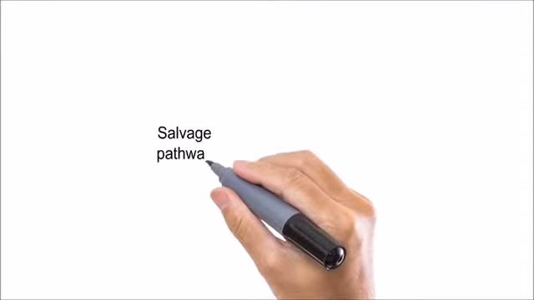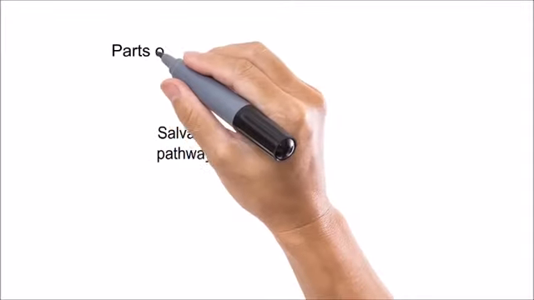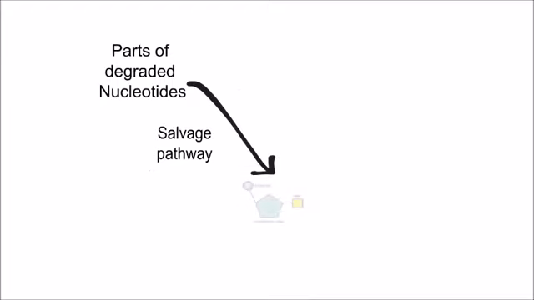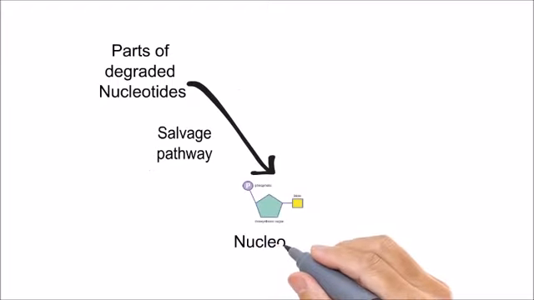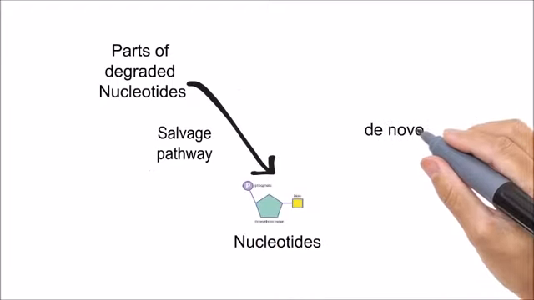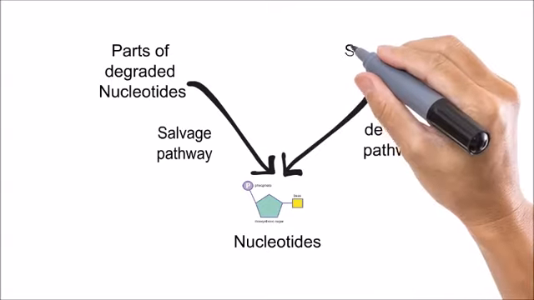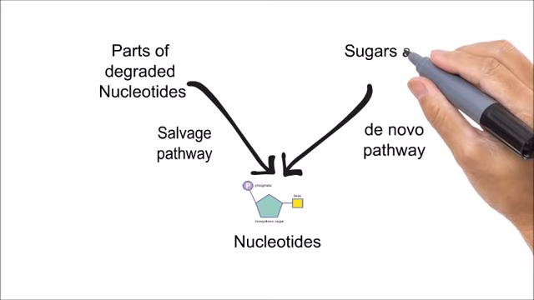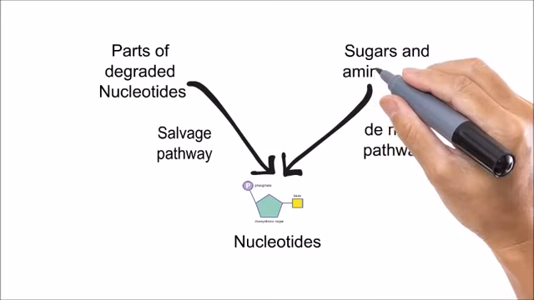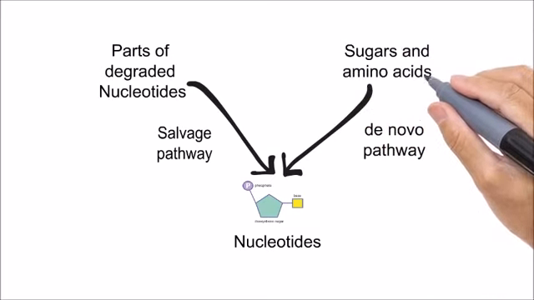In the case of the salvage pathway, cells use the degraded parts of old nucleotides to produce new nucleotides. And in the case of the de novo pathway, completely new nucleotides are synthesized using small metabolites like different sugars and different amino acids which are present in the media.